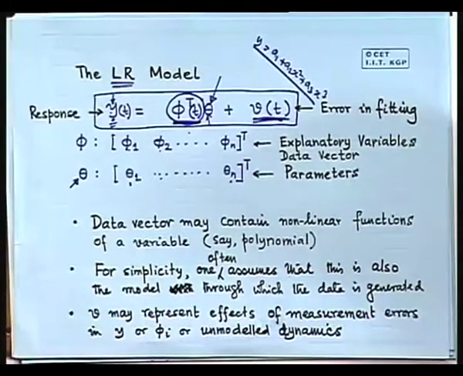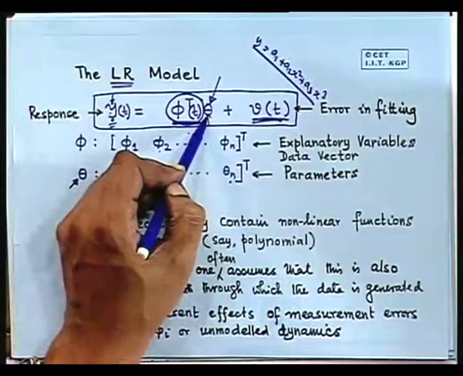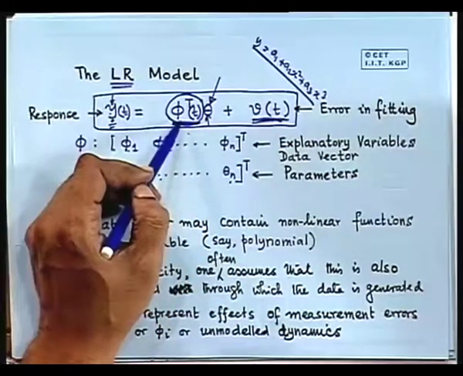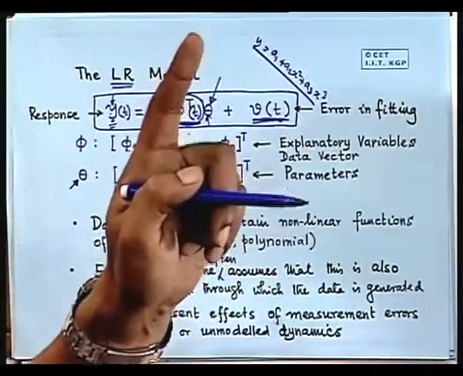So what we mean is linear in parameters. That's why it's called linear. It may not be linear in the signal elements. When we say linear systems, it is linear in the signal elements. In this case we are talking about linear in parameters. Signal elements may very well be non-linear, doesn't matter. So this must be remembered.